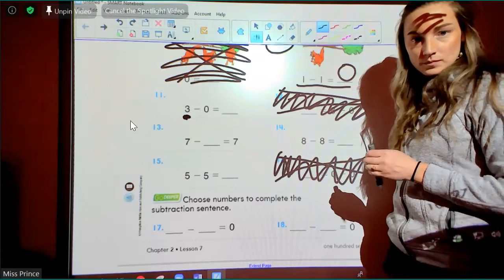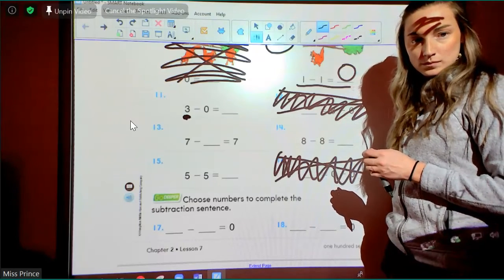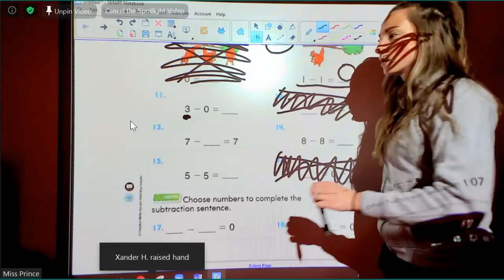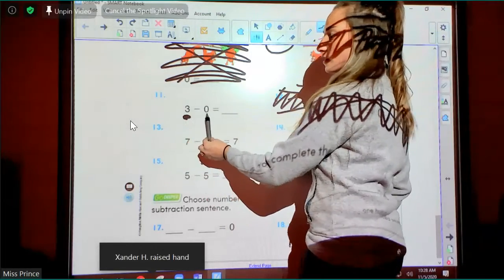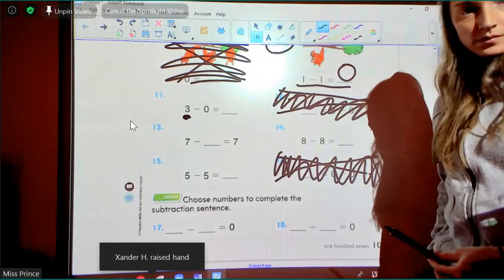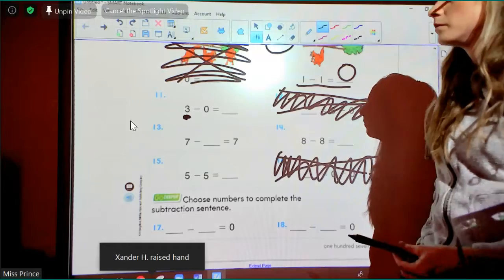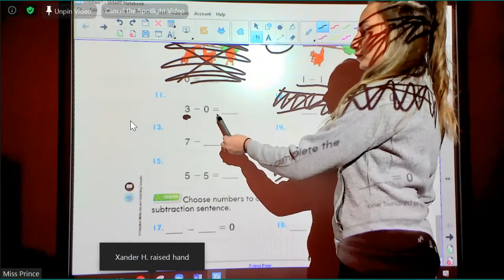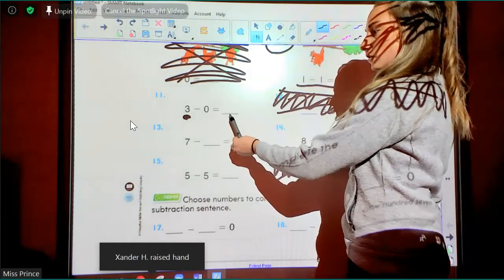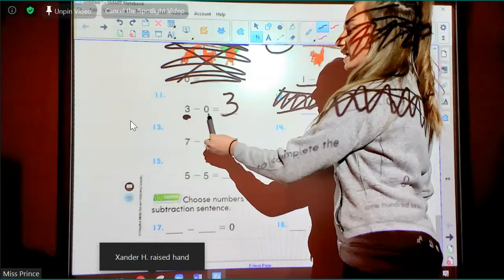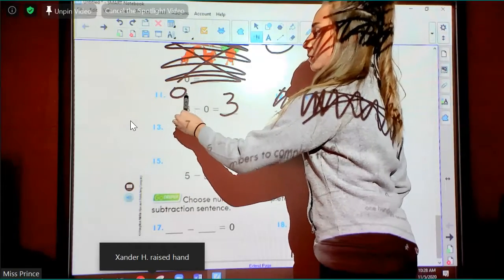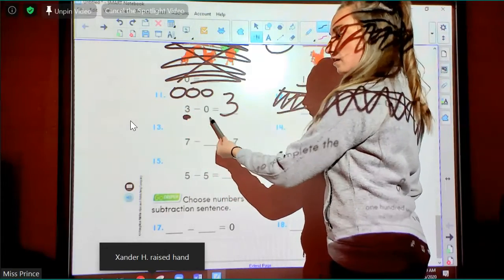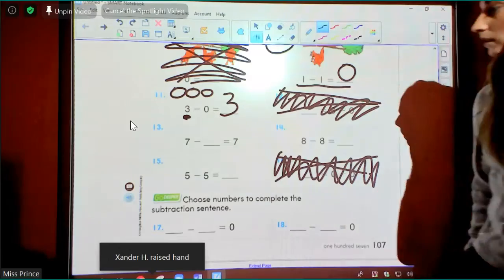Equals. Jose, 3 minus 0. Your turn. 3 minus 0 equals 3. Yep, we didn't take any away. We have 3 up here. We don't take anything away, so we still have 3.